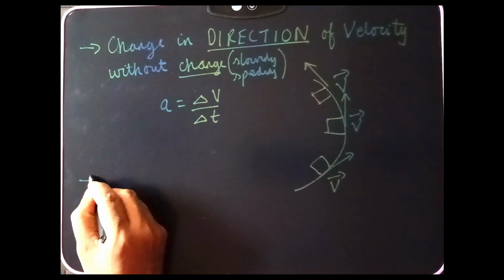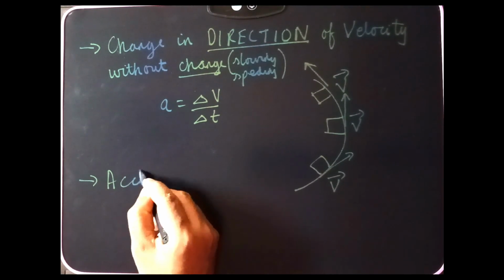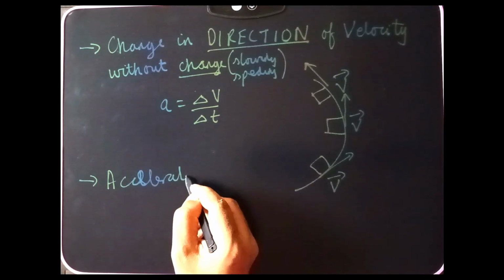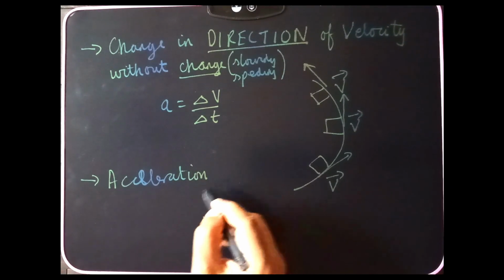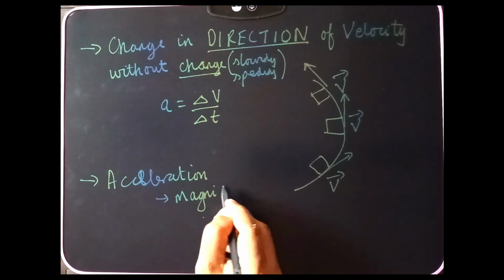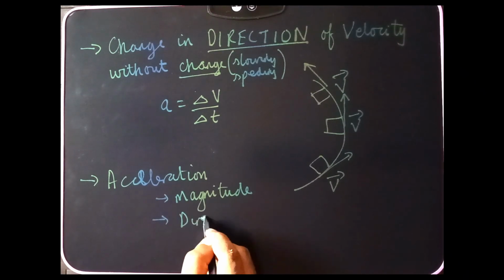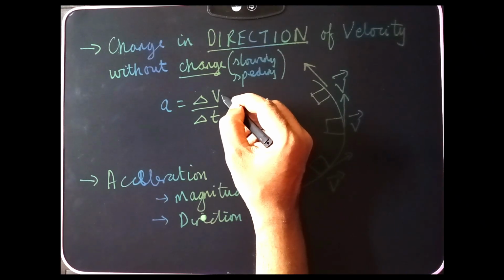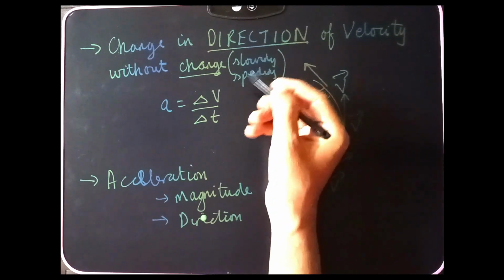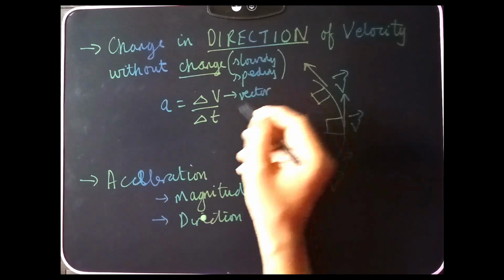Now we know that acceleration has magnitude and it has direction as well, because change in velocity involves displacement, which is a vector quantity, and time is a scalar.